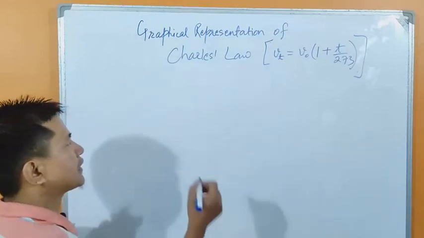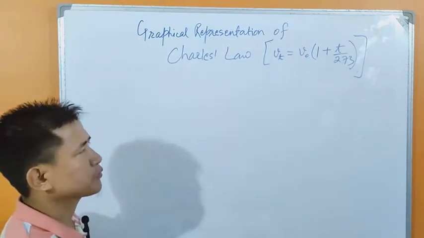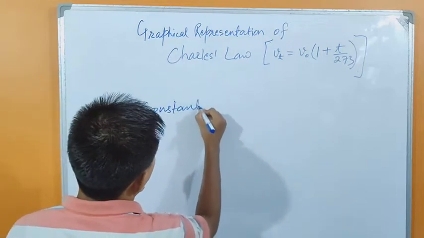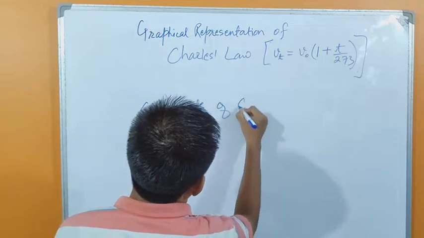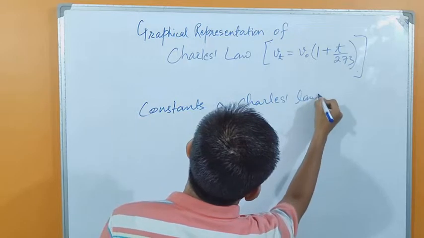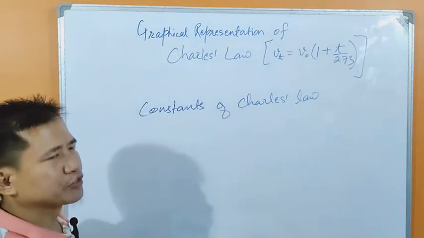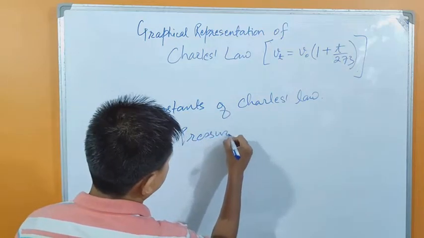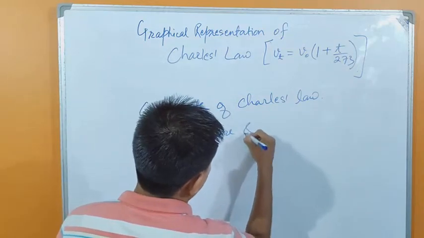But before that, let me again remind you of the constants of Charles' law. What are the constants of Charles' law? Pressure of the gas and mass of the gas. Okay?